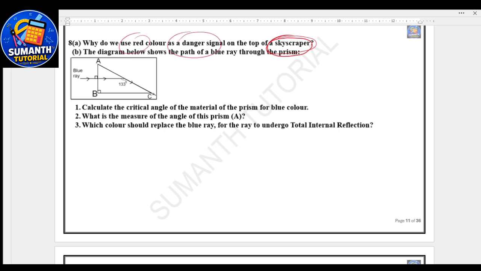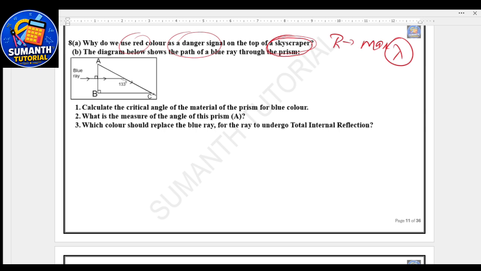As I said very clearly, red color is having maximum wavelength, so it will not deviate. It can be seen through very long distance. That is the reason red color is used as a danger signal. That's it. Clear?